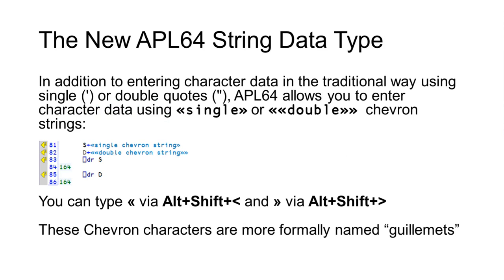All right. There's a new string data type. As we reviewed already, regular character data is issued in the traditional way using single or double quotes, but in APL64, we can use the chevron characters that are shown here, either a single chevron, with one opening and one closing chevron in the string, or double, with two at the beginning and two at the end of the string.